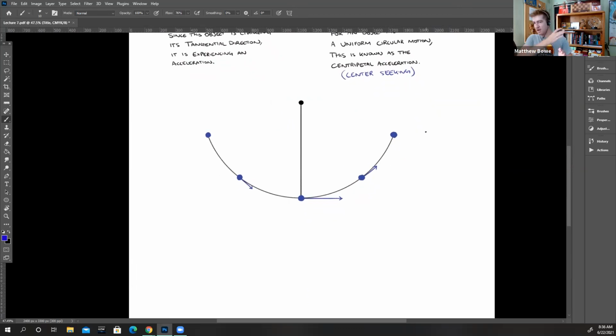At one end of a swing, where this blue dot is on the left, we could say this object, whatever it is, has no velocity. It's at the highest point.